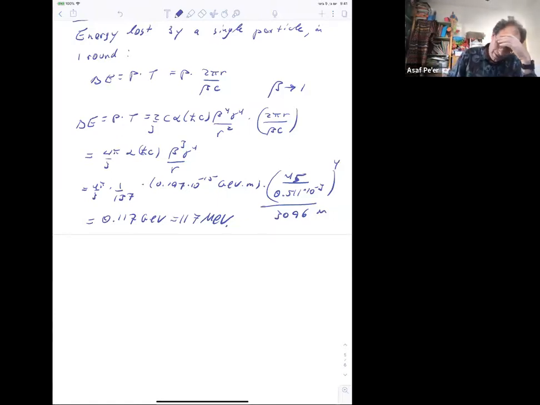So the total power, P total, is delta E times N times 2 times F, the frequency.